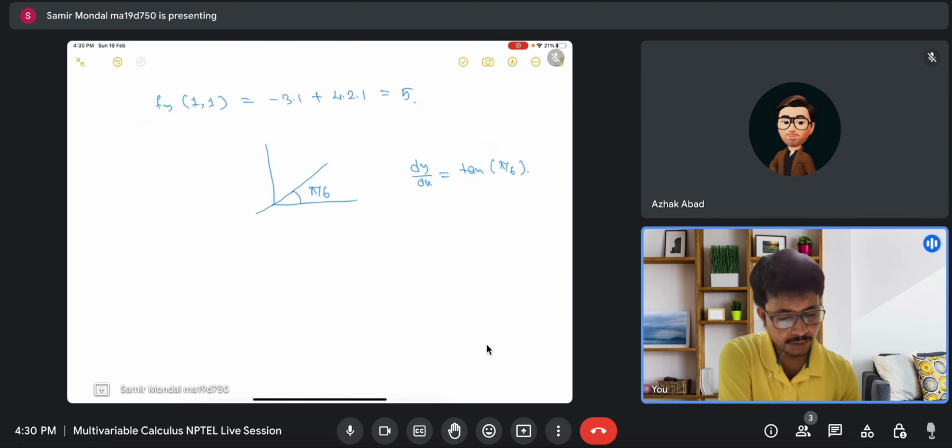So what is the equation of this line? Suppose it is passing through (0, 0).